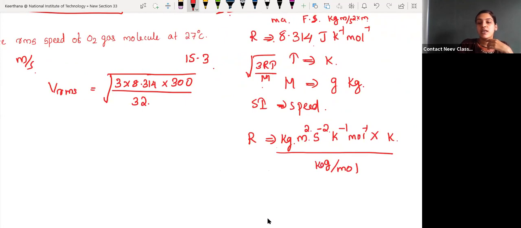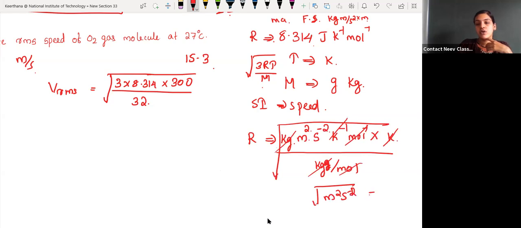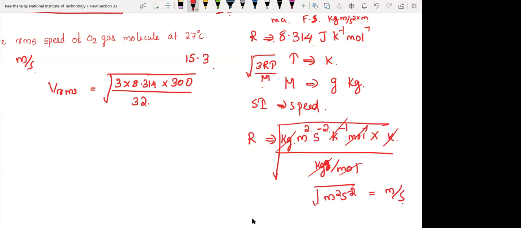So the molar mass should be in kilogram per mole. Then this and this will cancel out, and you will get root of meter square second raised to minus 2, or meter per second. Yes, it will be 483.6.